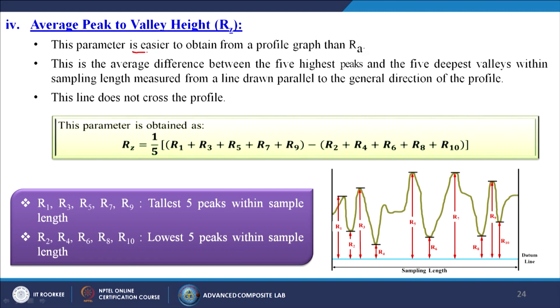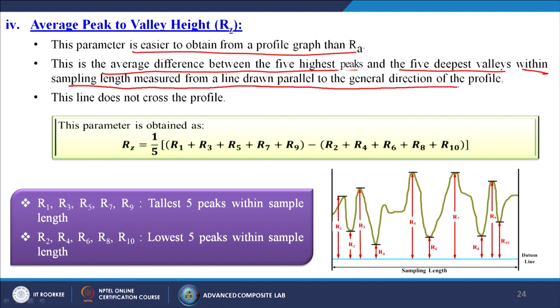Next, average peak to valley height, nothing but RZ. This parameter is easier to obtain from a profile graph than RA. This is the average difference between the 5 highest peaks and the 5 deepest valleys within sampling length, measured from a line drawn parallel to the general direction of the profile. This line does not cross the profile, see R1, R2. All the peaks are measured in height from the datum line.